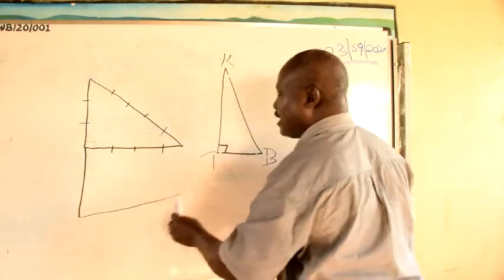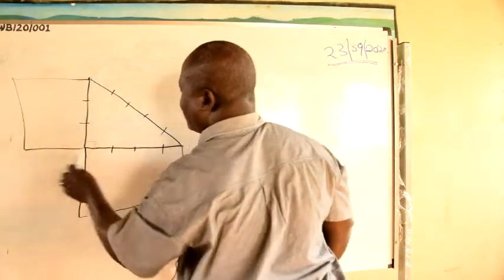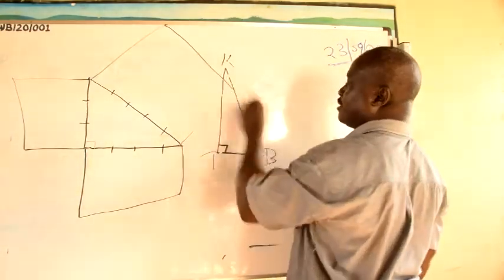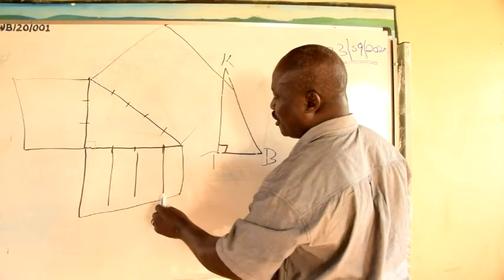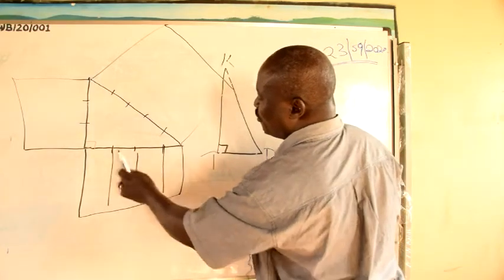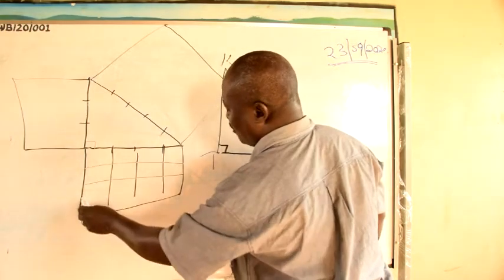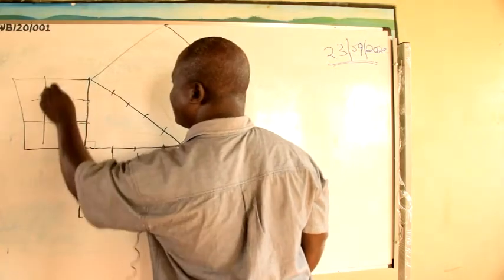So he made a square here. He made another square here. He made a square here. Then he realized that if this square is drawn, it's divided into 4 equal parts. This one is also done like this, 4 of them.